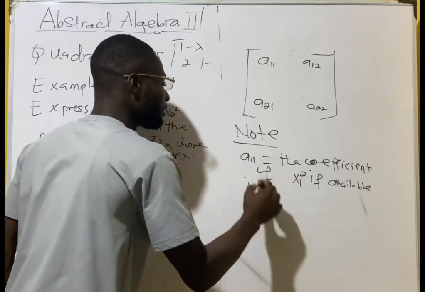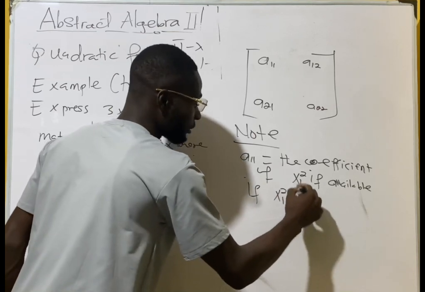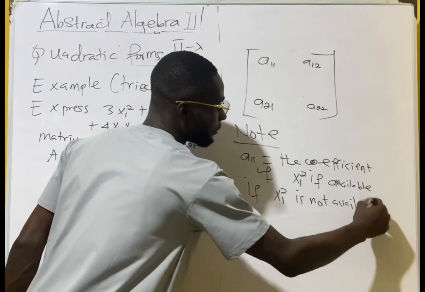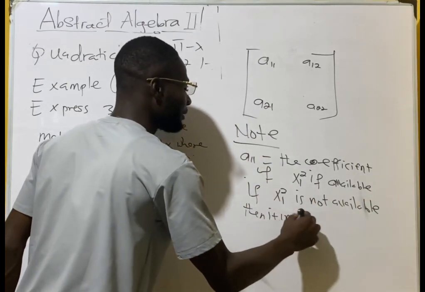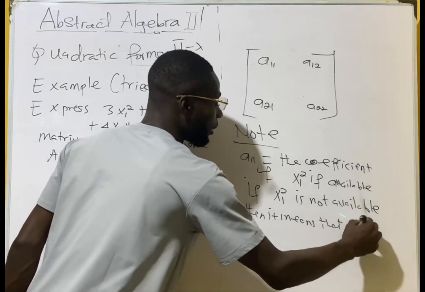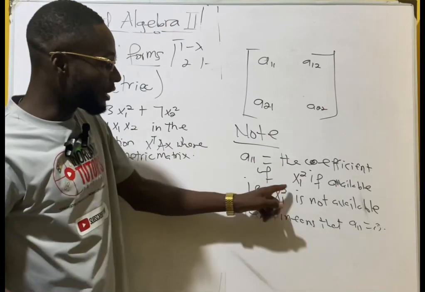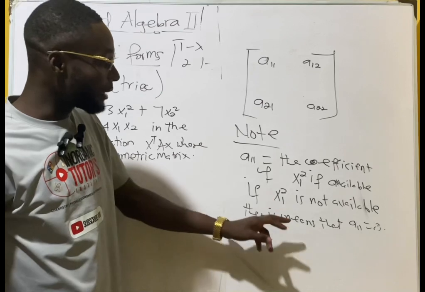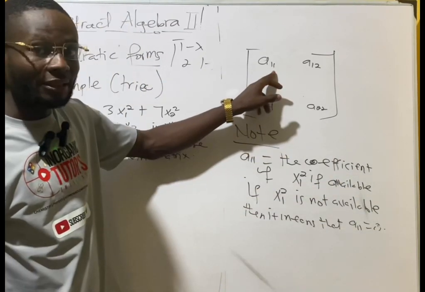If x1 squared is not available, then it means that A11 is equal to 0.